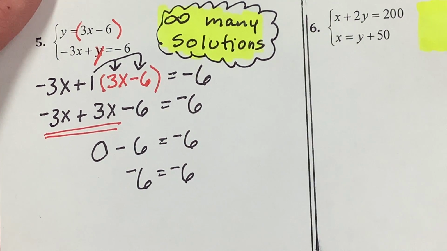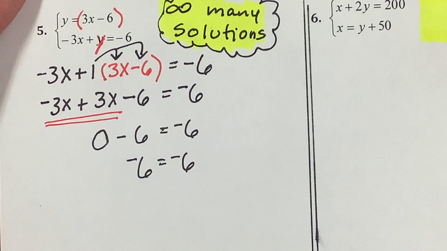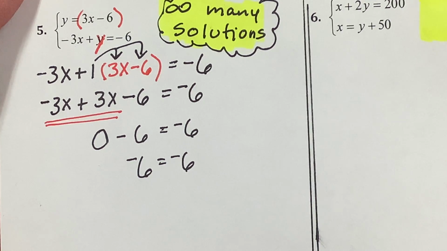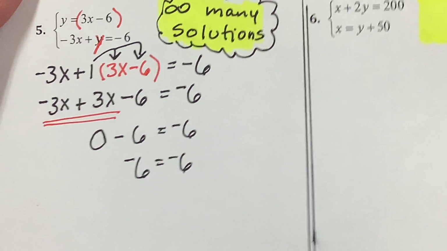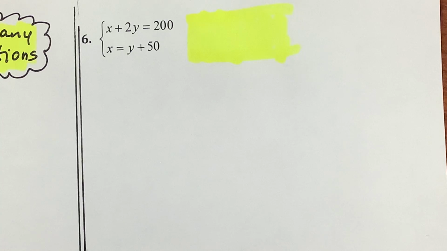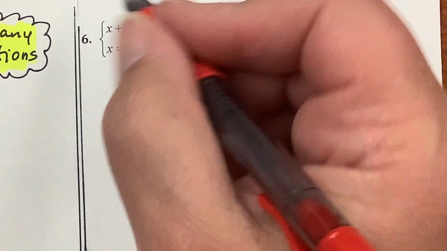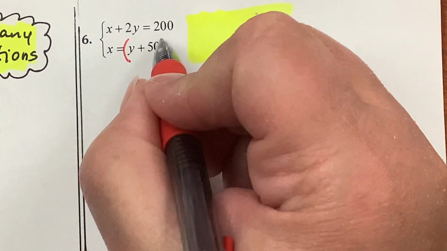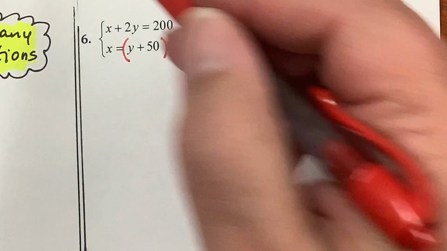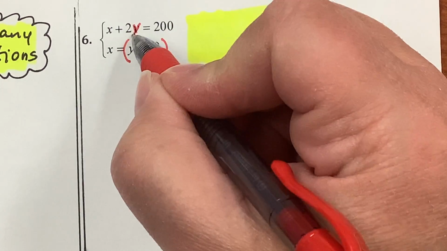All right. The next one is one of the ones that I messed up on the last video. So like I said, we're just going to have patience and love with Mrs. Bono, right? And yeah, here we go. This is a little different because my isolated variable is x. The expression y plus 50 is going to be substituted into the first equation.